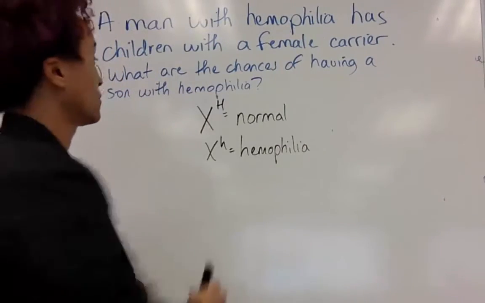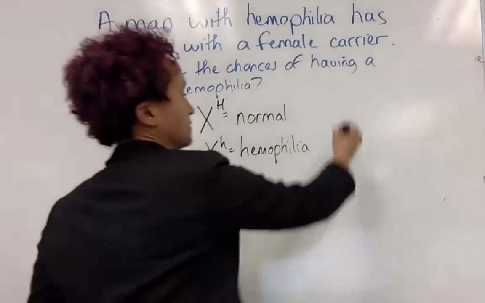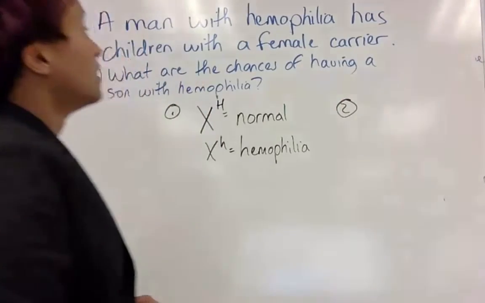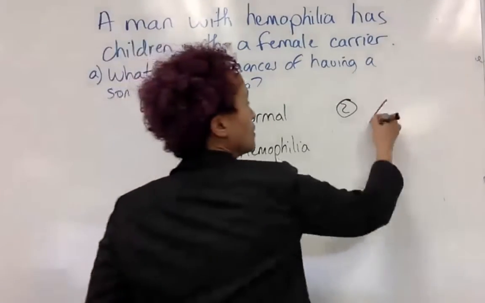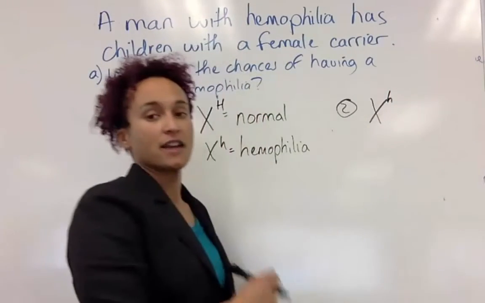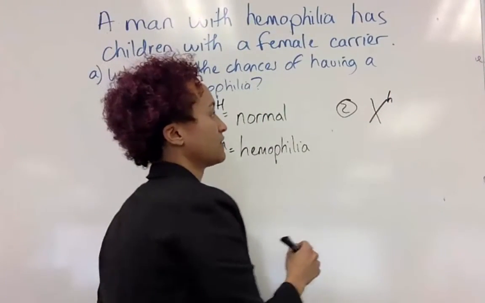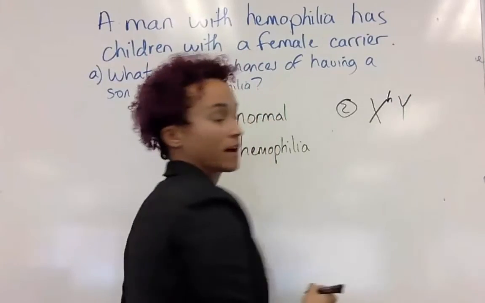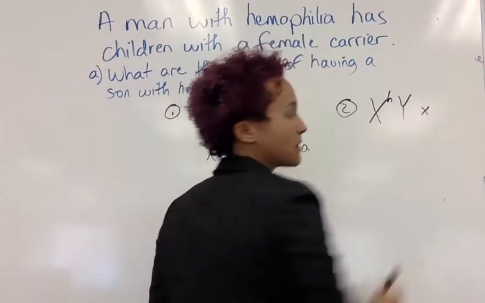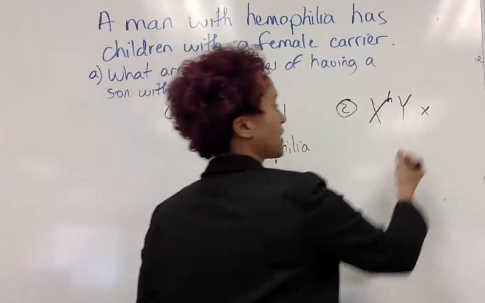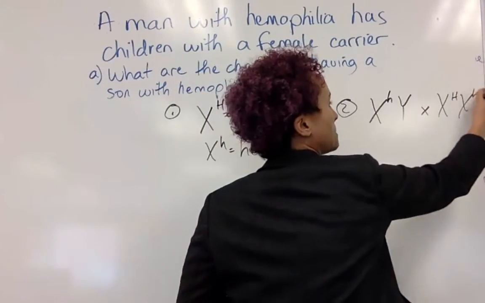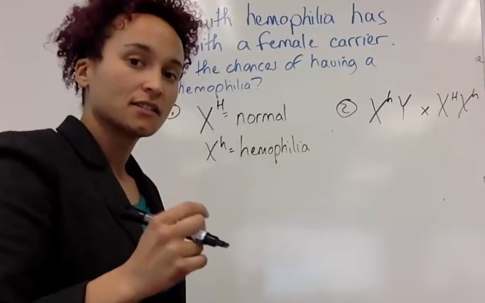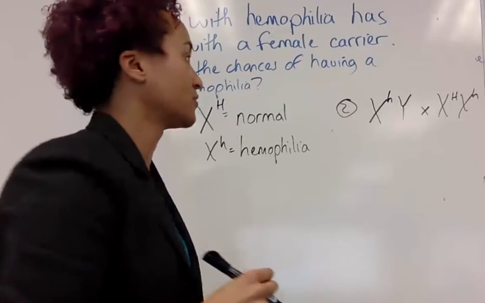Now we have to figure out what our parents are. Since the father has hemophilia, we know that he has to be carrying that little h, that recessive, on his X, and he's going to have a Y chromosome. Now, the mother is a carrier, so she's going to be normal, but she's going to be carrying that hemophiliac allele in her DNA.